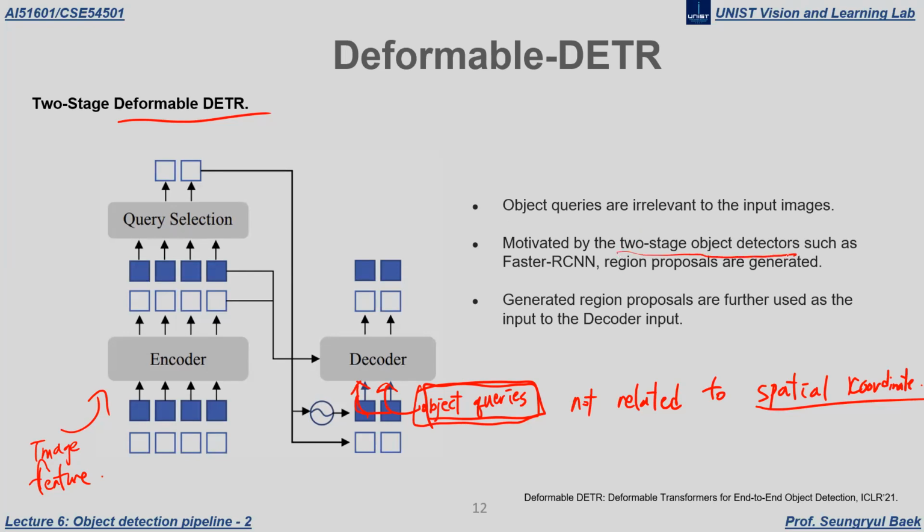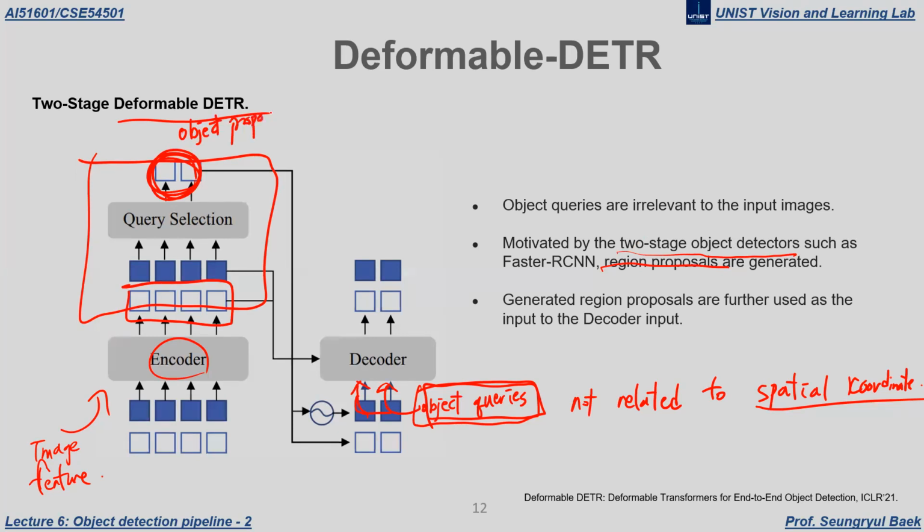So motivated by two-stage object detectors such as fast RCNN, the region proposals are generated, okay? Here, from the encoder output, this is the improved feature, right? They estimate object proposals here. And then they use this to improve the object queries to have some spatial meaning, okay?